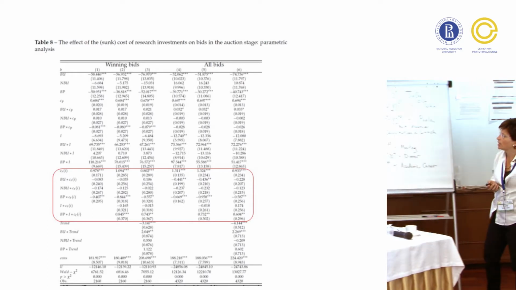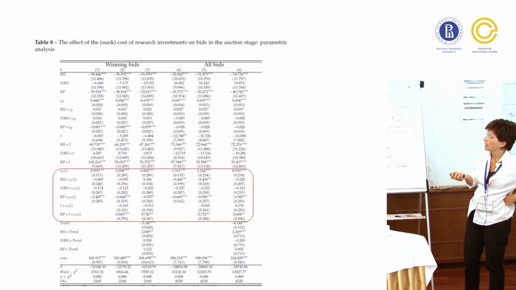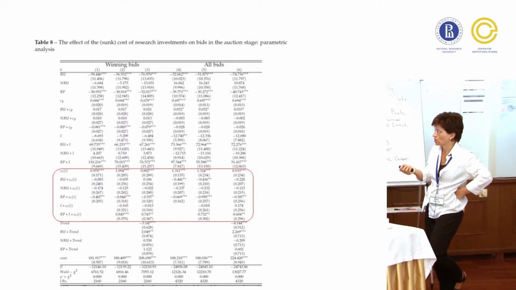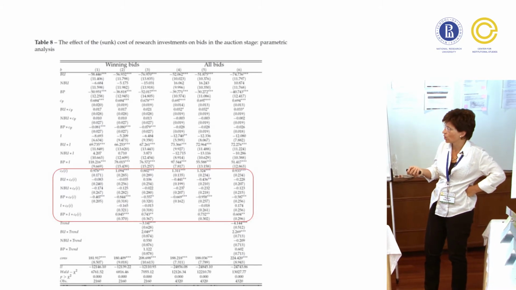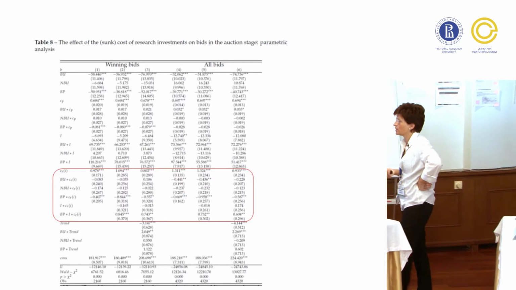Here you have the probability of winning the auction, considering the cost in the second stage, and considering the cost of the investment in the first stage.